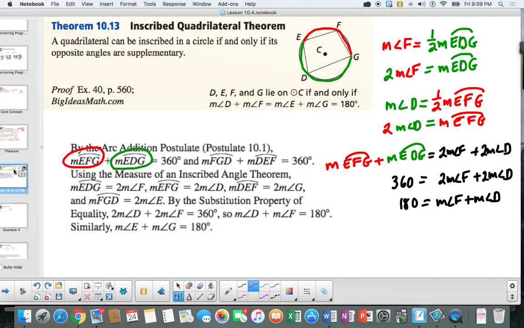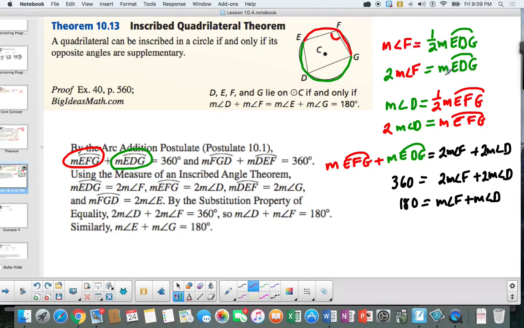So here's the proof. This arc right here and this arc right here, the green arc and the red arc, add up to 360 degrees. That's the whole circle. Now, angle F, that's this angle right up here, is going to be half of this green arc. I tried to keep it color-coded. I'm going to multiply both sides by 2.